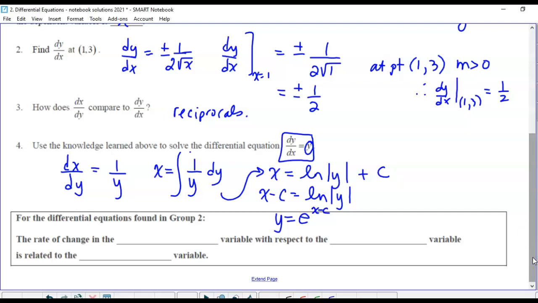So just to summarize here, the rate of change in the dependent variable with respect to the independent variable is related to the dependent variable. Okay, so dy/dx equals something in terms of y. So we want to take the reciprocal.